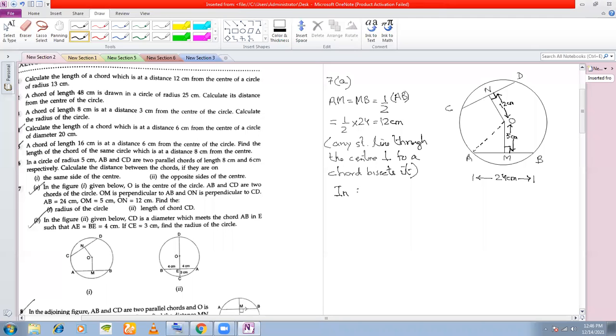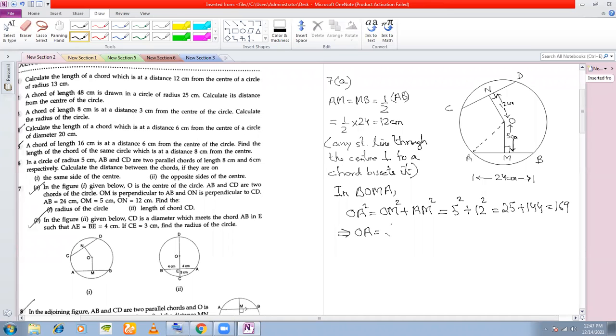So in triangle OMA, hypotenuse square is equal to perpendicular square plus base square. OM is given to you as 5 centimeters. AM we found out above to be 12 centimeters. So it is equal to 25 plus 144, which is equal to 169. Therefore, what is OA?